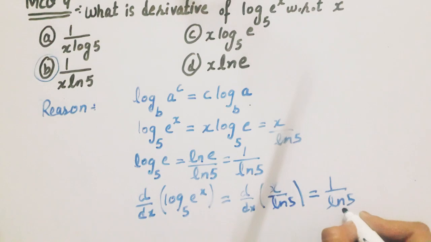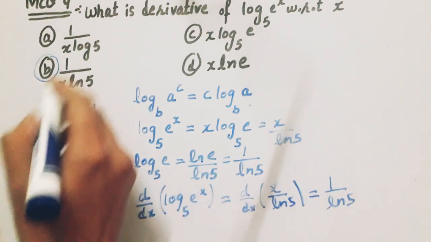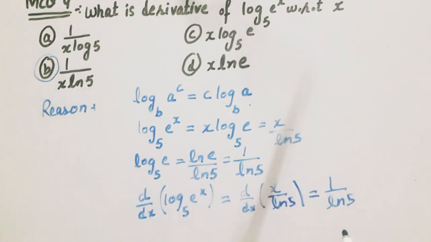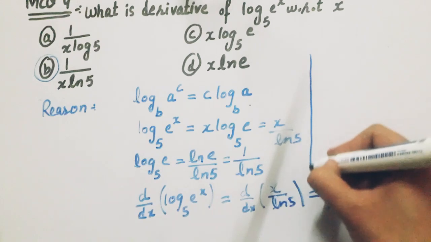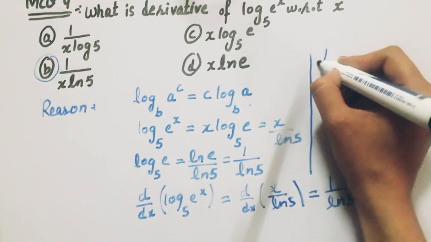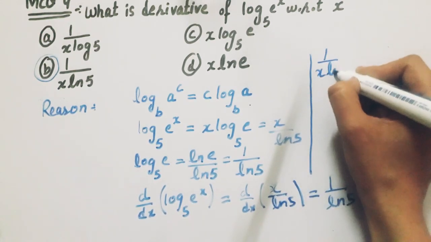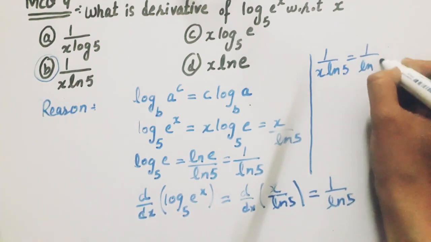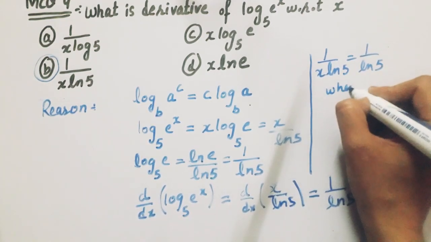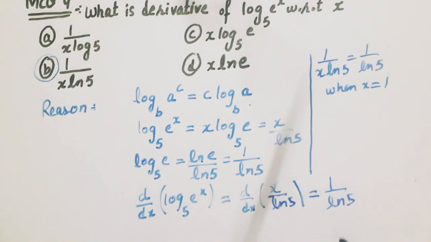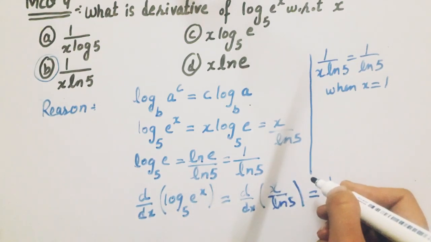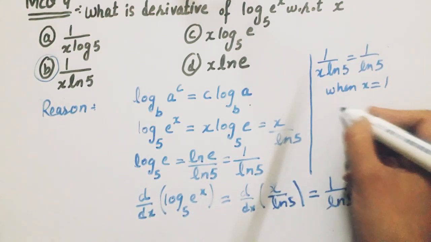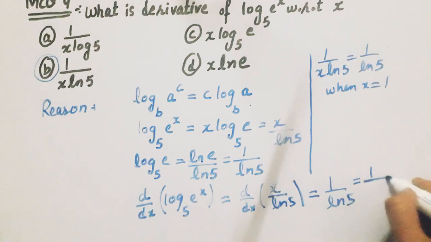This option is mathematically correct, but in your MCQ this option is not given. So we will suppose that 1 over x ln 5 is equal to 1 over ln 5 when x is equal to 1. We suppose that. So consider this, and our option will be 1 over x ln 5. So B part is correct.